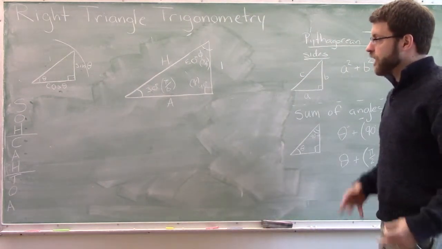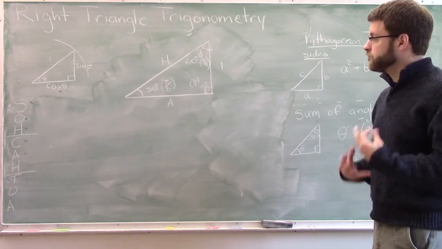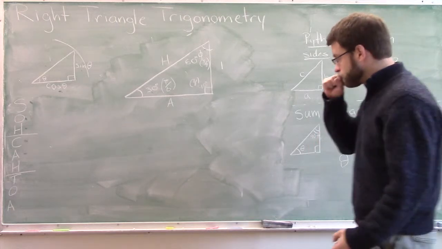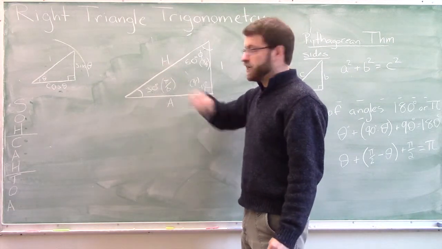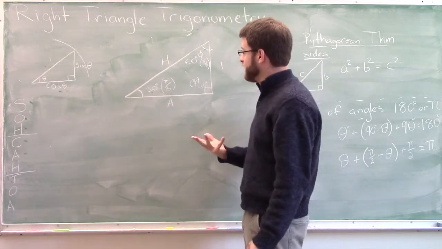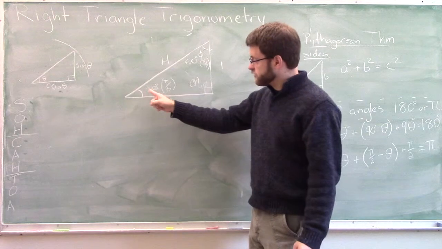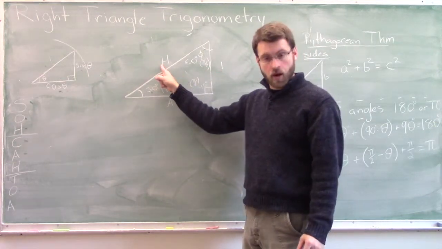You have a choice here on which trig function you want to use, depending on the order in which you compute these things. For example, let's suppose that we want to find H first. If we want to find H first, I need a trig function that connects this angle with the opposite side and the hypotenuse.